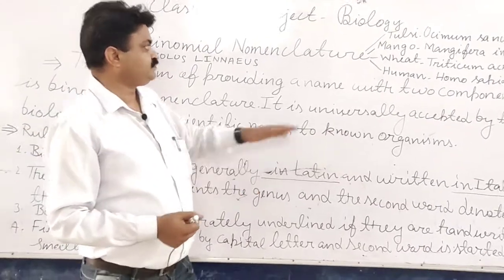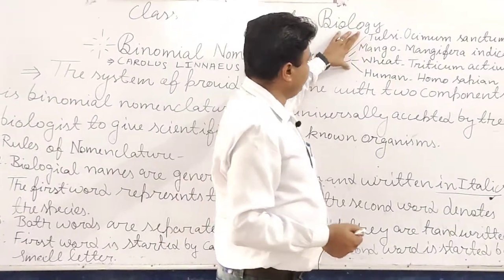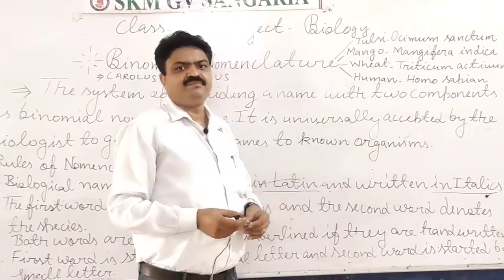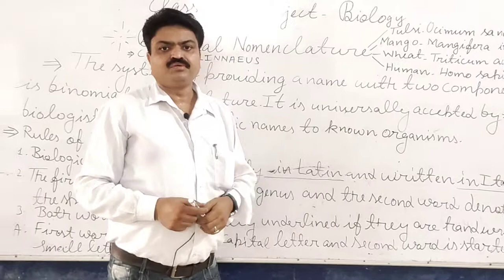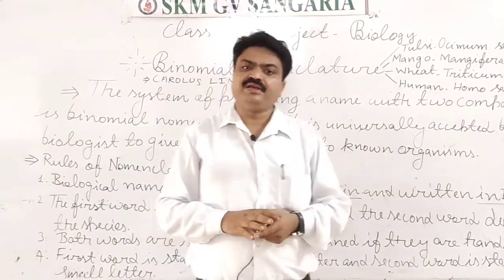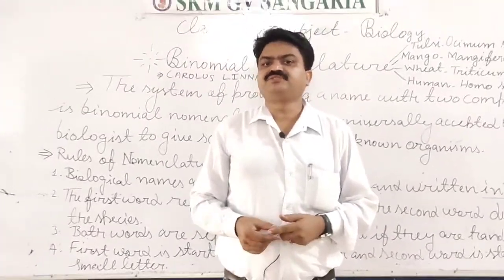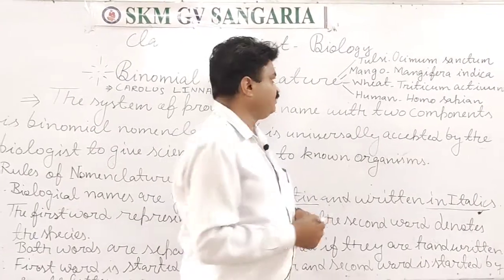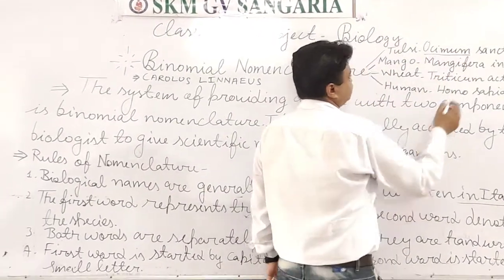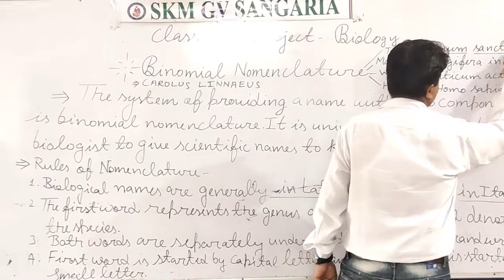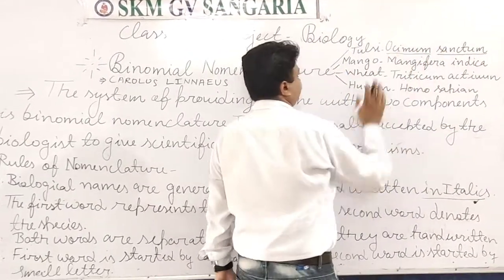Here, I have written the names of some living organisms. First is Tulsi. Tulsi's binomial name is Ocimum sanctum. Ocimum is the genus of Tulsi and sanctum is the species, and we underline them.